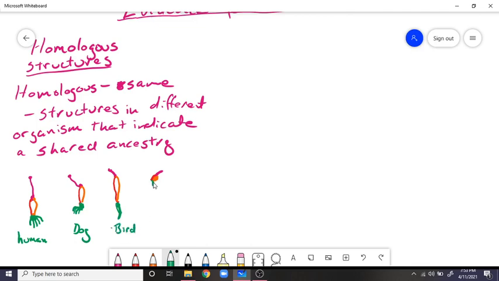And in our fourth picture, this is the fin of a whale. So all four of these organisms have the same bone structure: our metacarpals, our radius, our ulna, and our humerus, and they have homologous structures in each location in vastly different organisms.